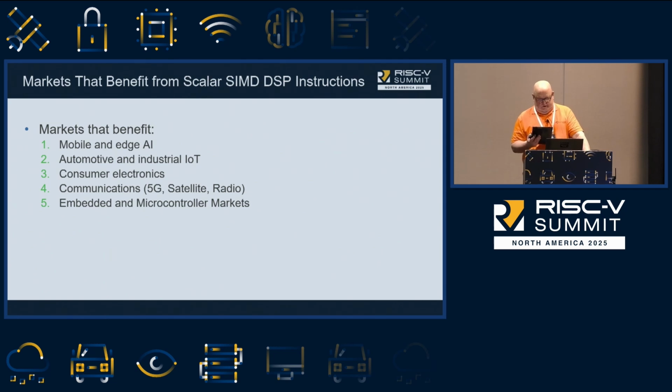It's also heavily involved with communication with 5G satellite and radio, with channel encoding and decoding, modulation, demodulation, and packet processing. And then with the embedded in the microcontroller markets, you can see its use in hearing aids, fitness bands, smartwatches, and the like.